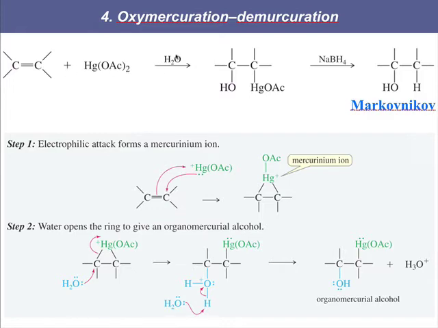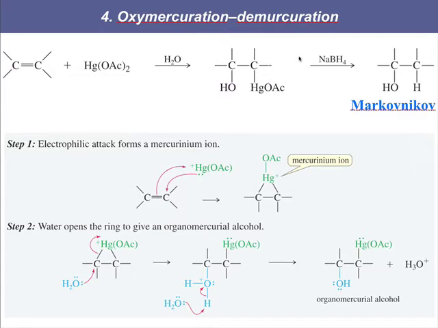In the first step, we add OH and mercury acetate, not diacetate, but mercury acetate across the double bond, such that the OH goes in the Markovnikov position and the mercury goes in the anti-Markovnikov position.